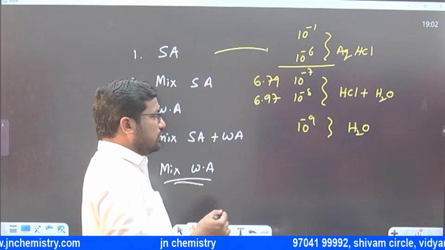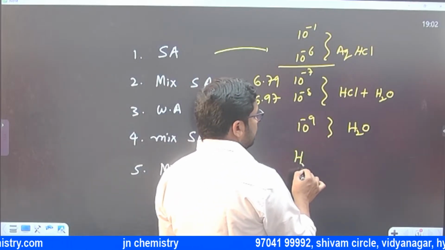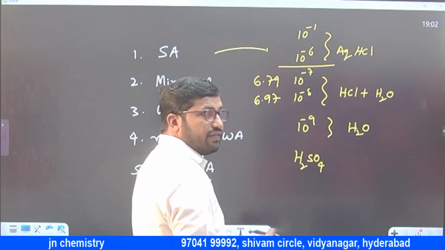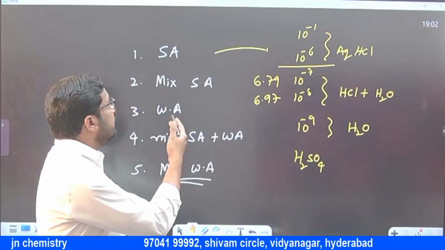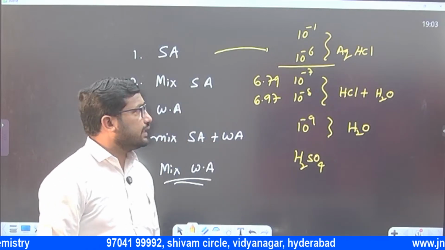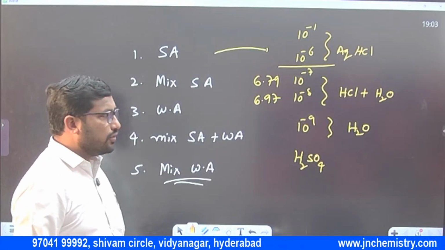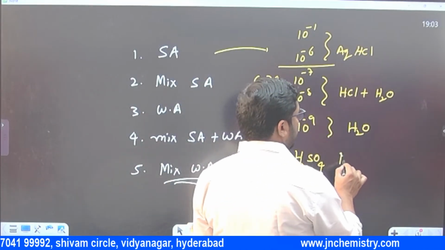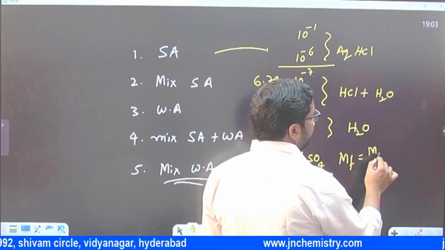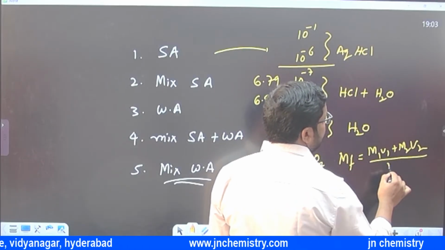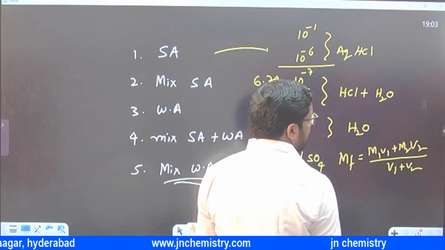And in case of H2SO4 or H3PO4 cases, based on the number of H plus ions it is giving, we need to do the strong acid cases. And mixture of strong acids, I already told you, so M final is equal to (M1V1 plus M2V2) by (V1 plus V2).